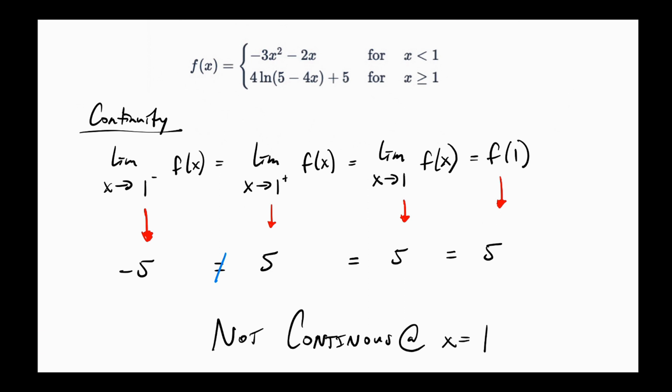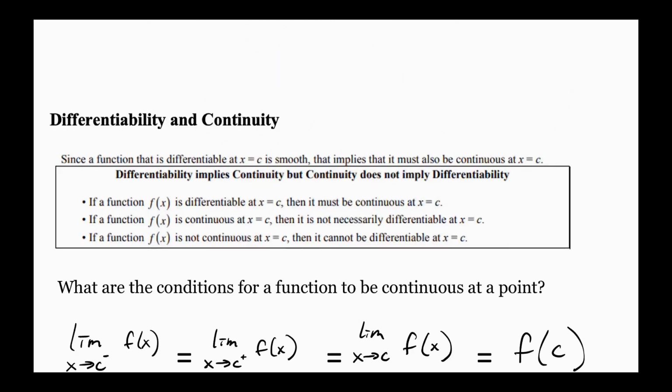So I got this guy was not continuous at 1 because from the left side you're at -5, and then on the right side you're coming in, you're 5. So it's not continuous. So do I need to continue for differentiability? Let's see.